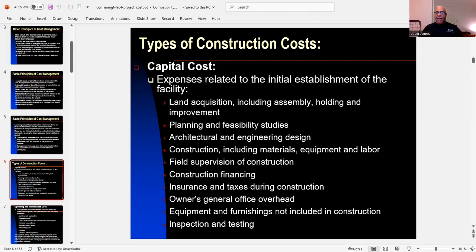You're going to have land acquisition, and that includes assembly, holding, and improvement, planning and feasibility studies, architectural and engineering design, construction, including materials, equipment, and labor, field supervision of construction, construction financing, insurance and taxes during construction, owner's general office overhead, equipment and furnishings not included in construction. And then there is inspection and testing.